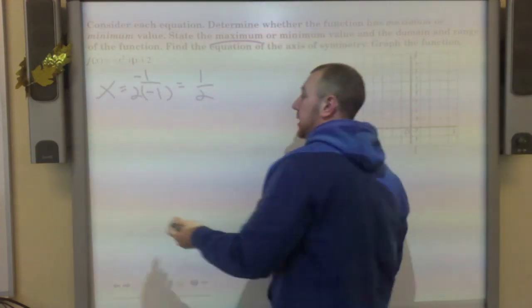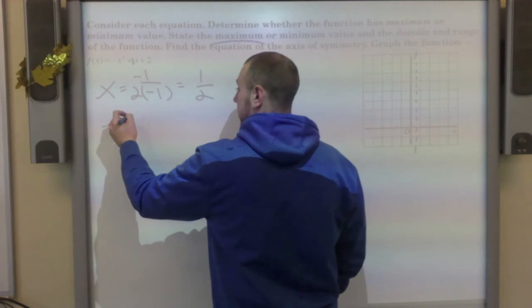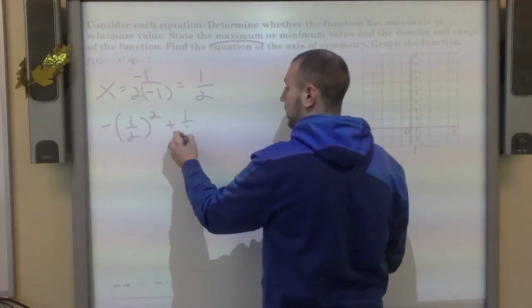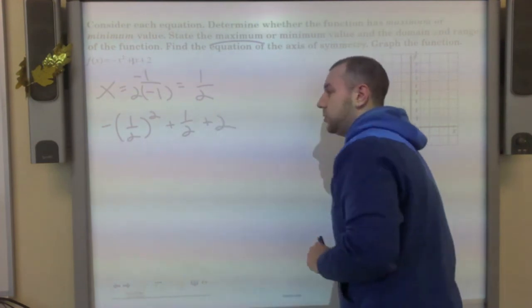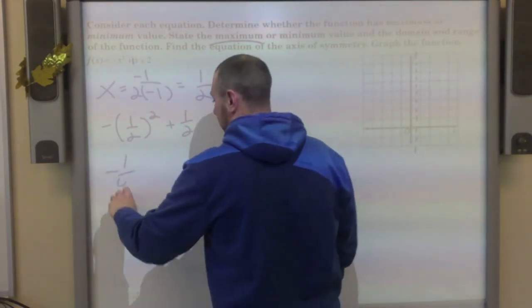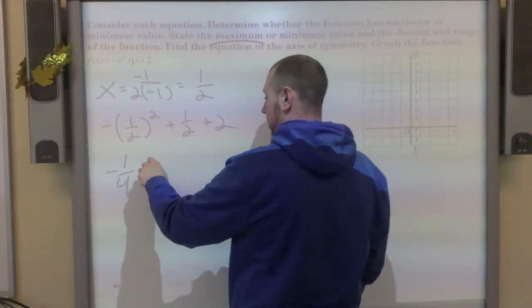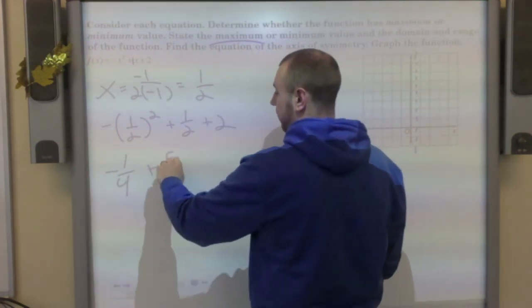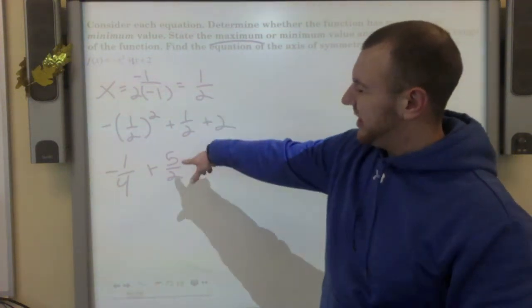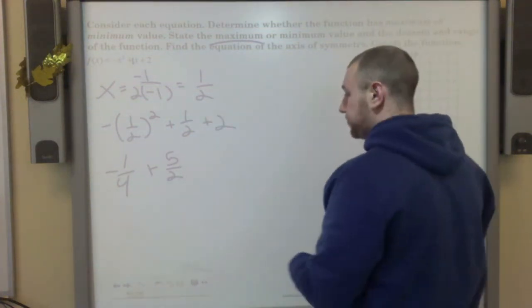Then I take that and I plug it in. Negative 1/2 squared plus 1/2 plus 2. Negative 1/2 squared is going to be negative 1/4 plus, and I do 5.5 because that's easier to work with fractions there.